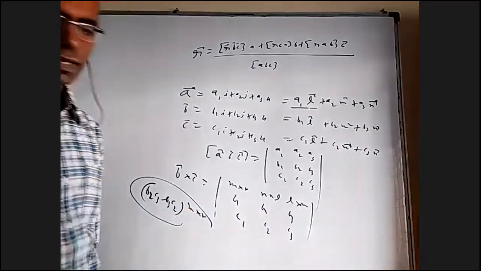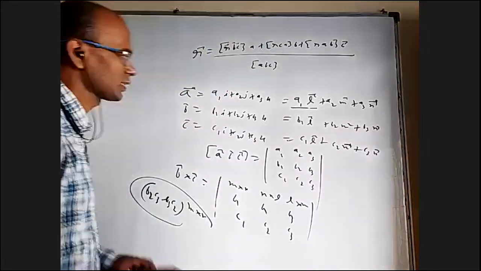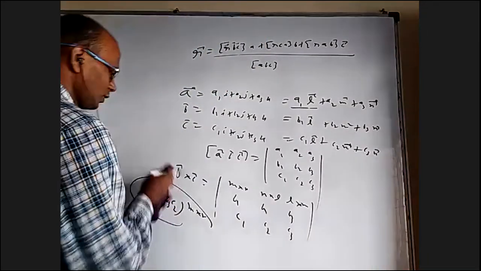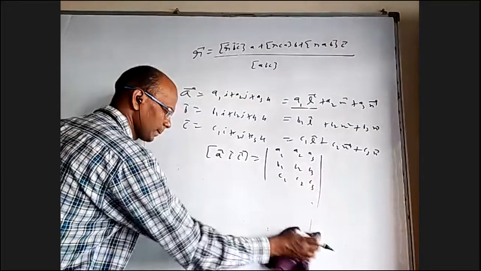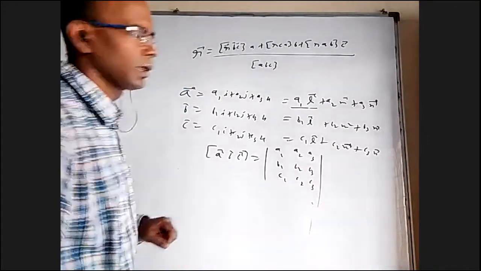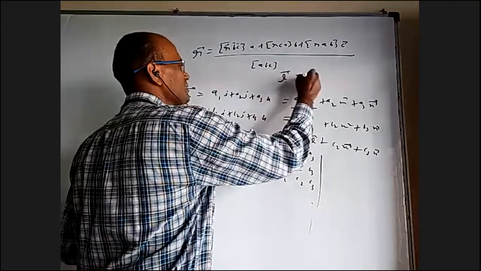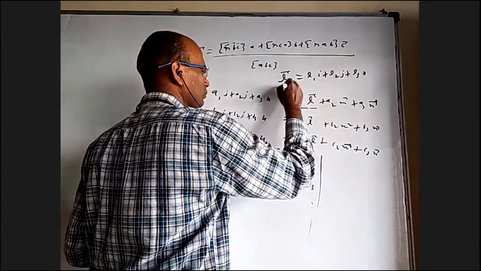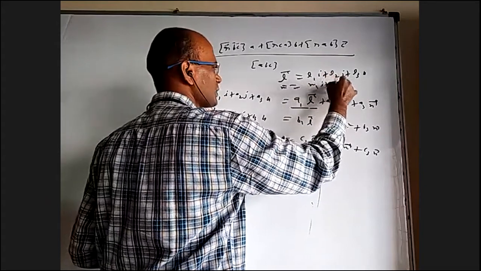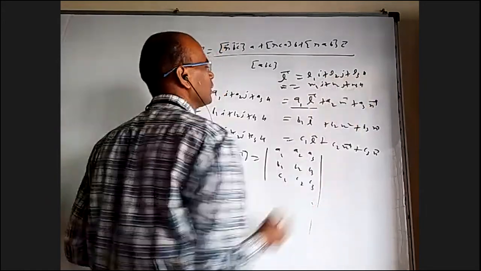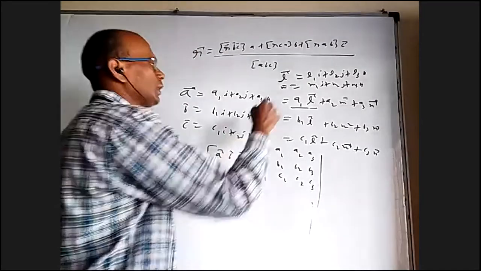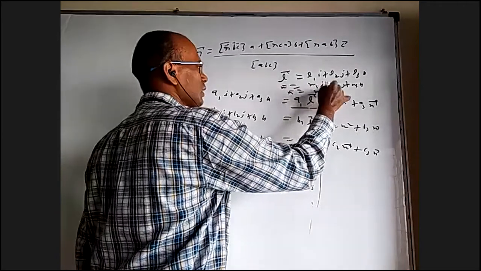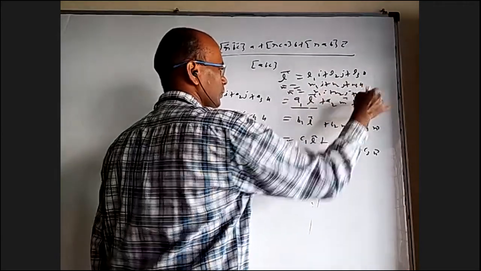Actually, more easily you can understand based on how I told something else. Even now I can tell this. Let us say L bar itself is L1I plus L2J plus L3K. M bar is M1I plus M2J plus M3K. N bar is N1I plus N2J plus N3K.